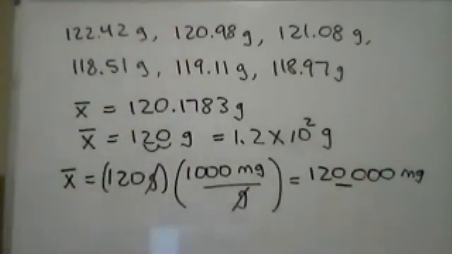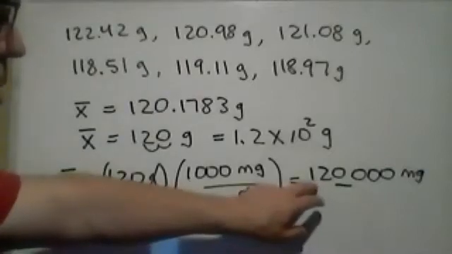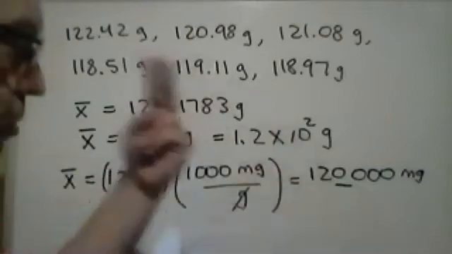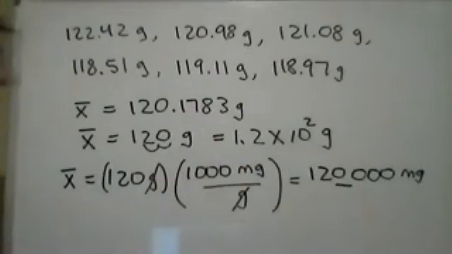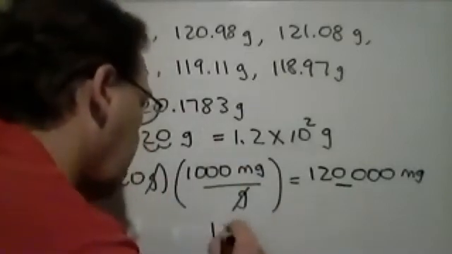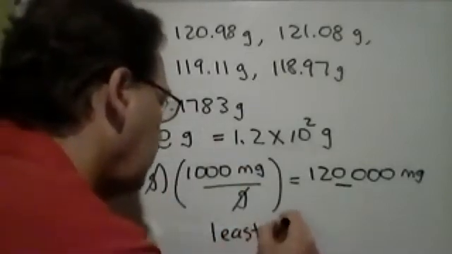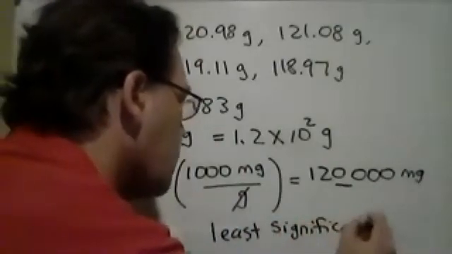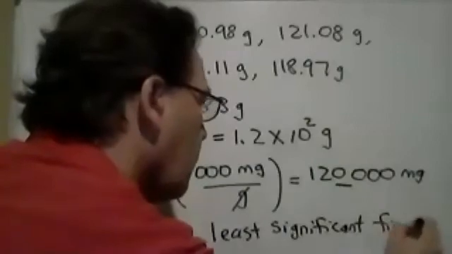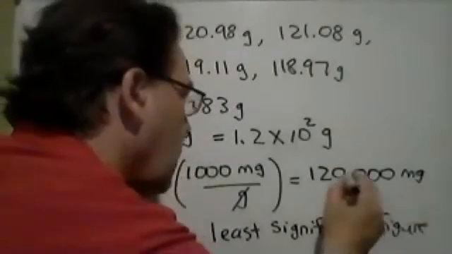When you put an underscore there, you are now indicating to the world that the only values that are good are these two values. You really only have 2 sig figs. So again, this is considered a least significant figure, and you put an underscore here.